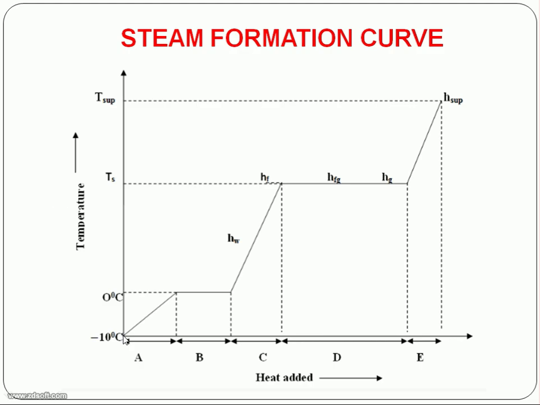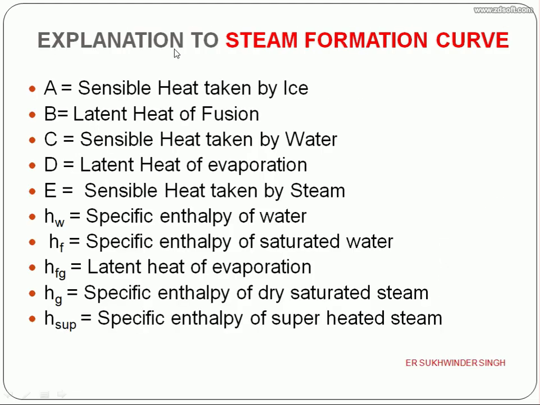In the starting, when we add some heat, it moves along this curved line and reaches the point 0. This path is denoted with the point A. This A is known as the sensible heat taken by ice.